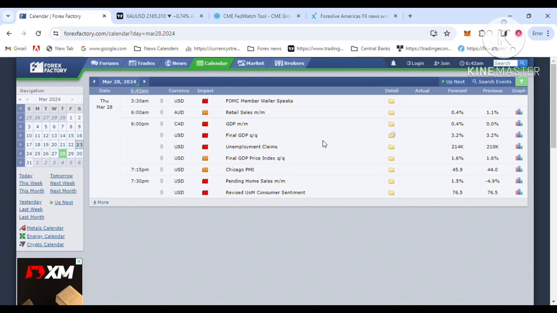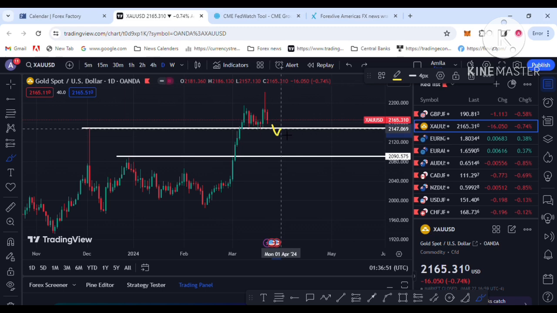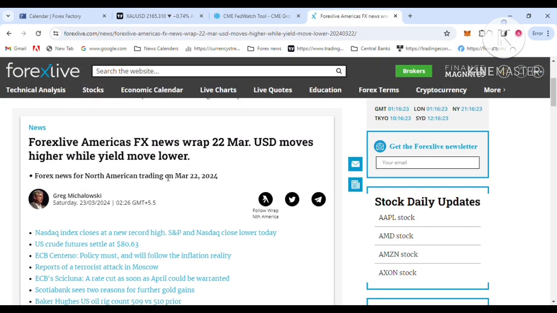You will deal with this economic data if you are trading gold against the US dollar. If GDP is strong, that will help gold drop to the 2088 level. Forex Live mentioned USD moves higher while yields move lower. US yields moving lower means dollar demand.